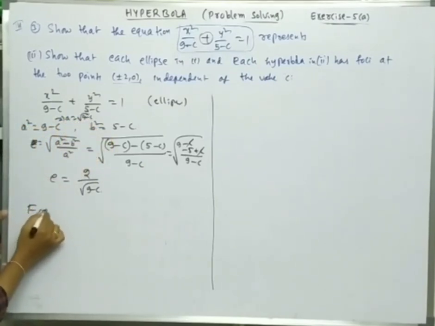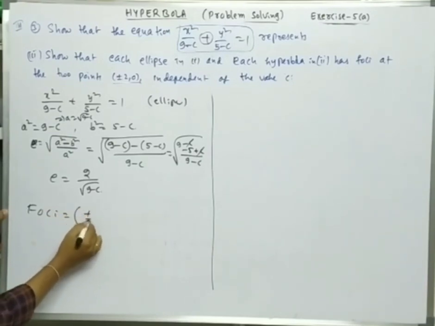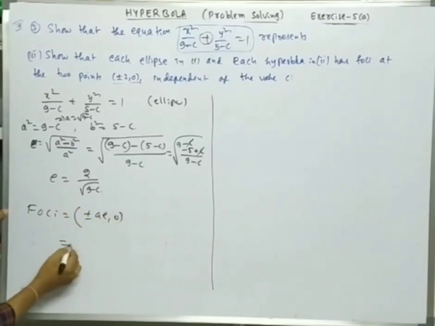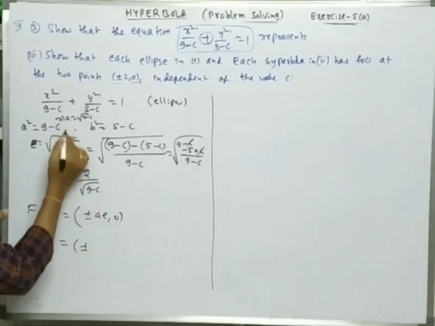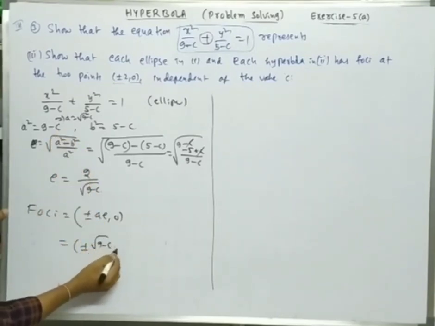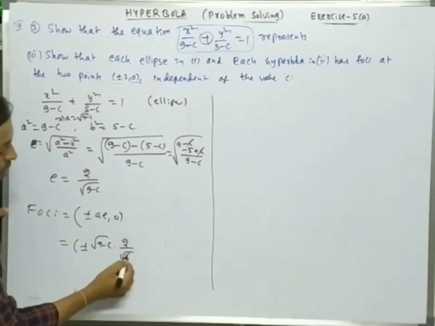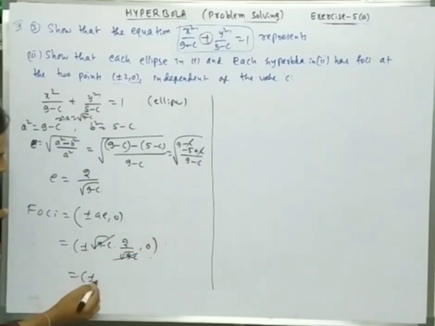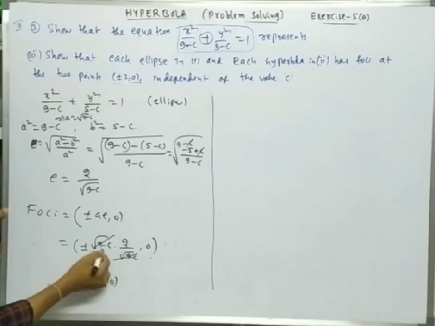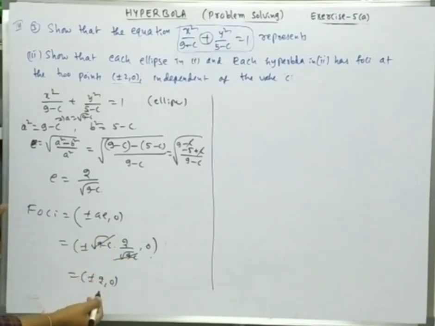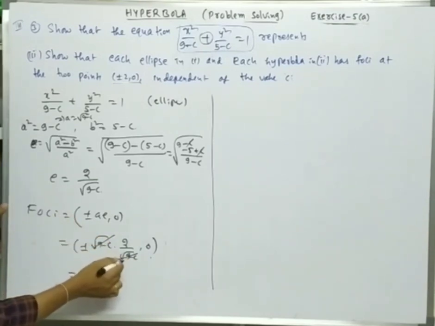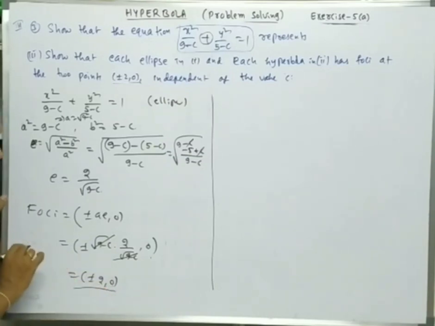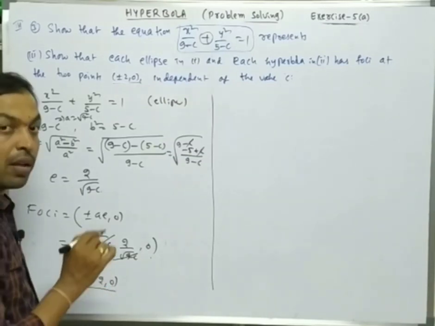What is the foci formula? Plus or minus a e, comma 0. So plus or minus root 9 minus c into 2 by root 9 minus c, comma 0, both get cancelled. So plus or minus 2, comma 0. This gets cancelled, which means it is independent of c. The foci do not depend on c, so the foci are plus or minus 2, comma 0.